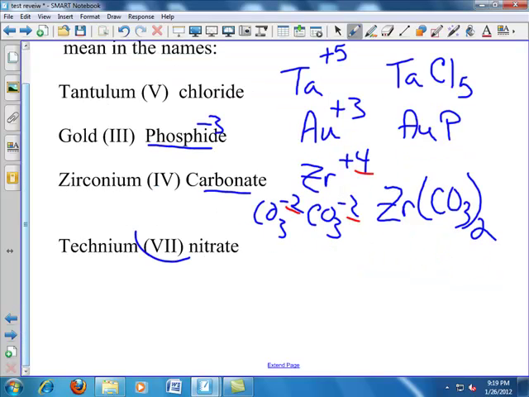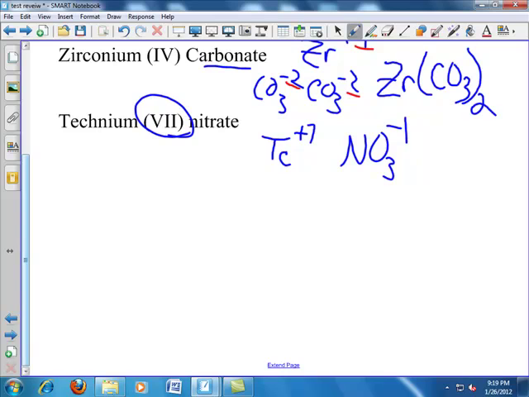And technetium 7. Now we haven't had one that big, but that would be Tc plus 7, and nitrate is a -1. So you would have Tc(NO3)7.